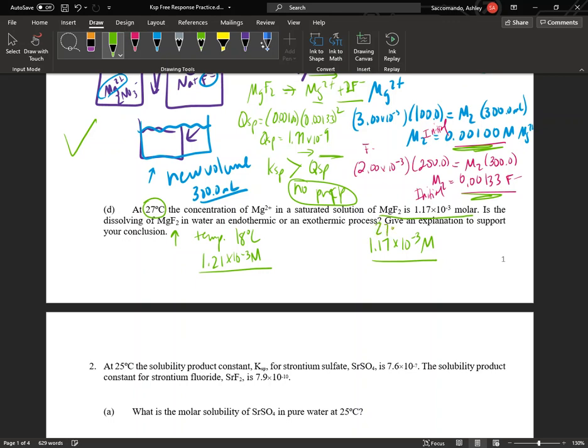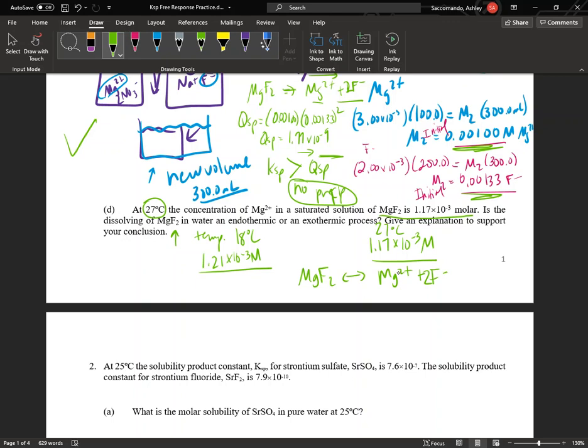All right, so at 27 degrees, the molar solubility went down. So let's think about our reaction now. Where is the heat?